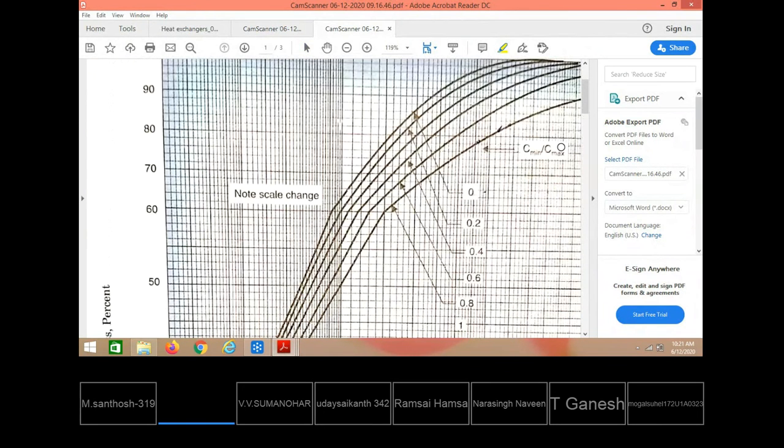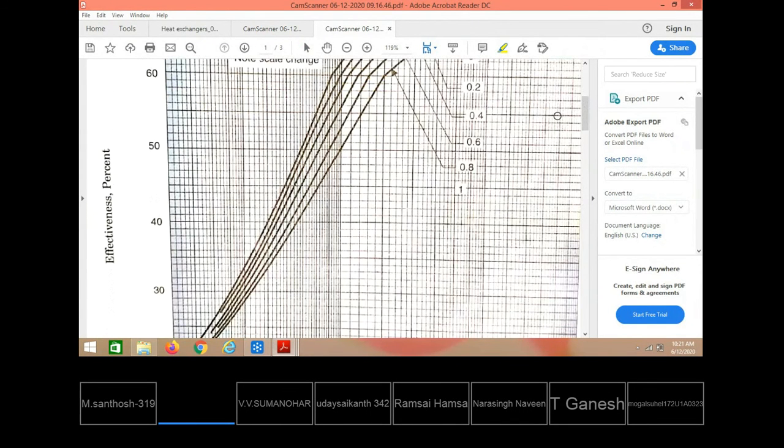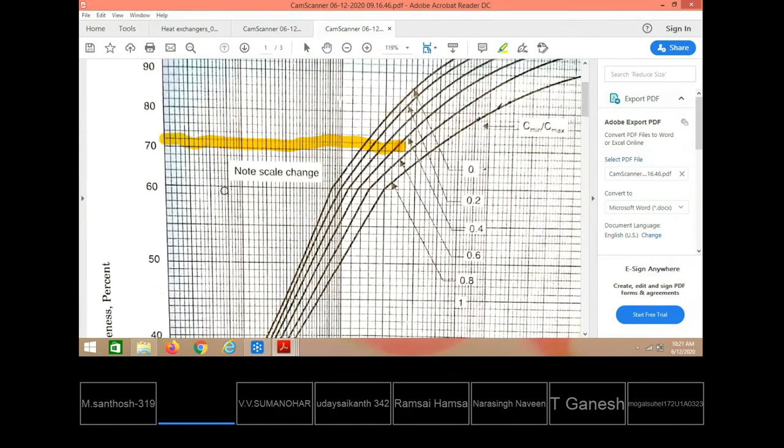You see here the curves for different C minimum by C maximum. Knowing C minimum by C maximum and NTU, from there we can extend this point to the left side of the y-axis, where the value of effectiveness is available. You see here effectiveness 0.7 or 0.72 or something like that. So knowing this effectiveness value also, if you feel that getting the effectiveness value analytically is difficult, the chart also can be used and you can get the values. So that is the way we can solve the problems.